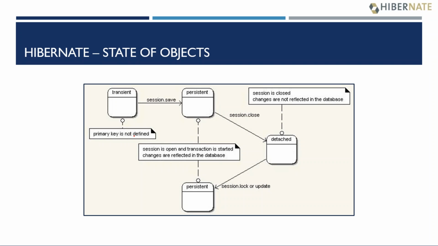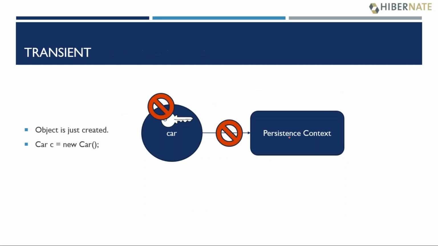And when you are invoking the save method, the Hibernate framework will create the primary key for the object and the state of the object is changed to the persistent state. And when you are closing the session, then the object moves to the detached state. Changes are not reflected in the database. The object moves to the detached state.